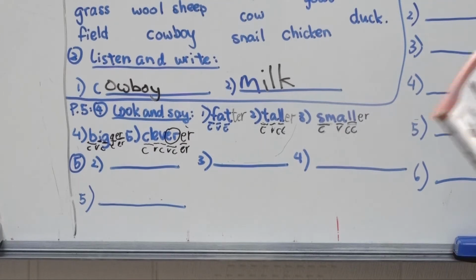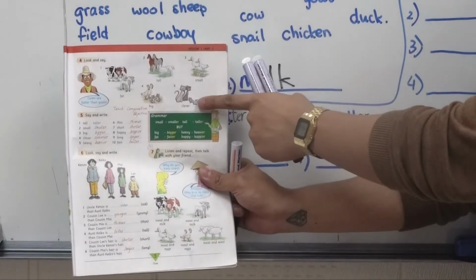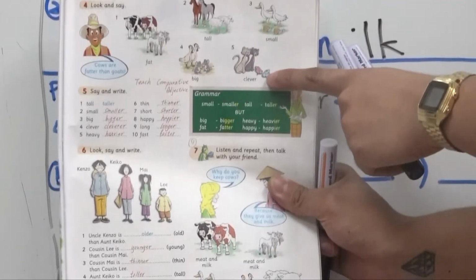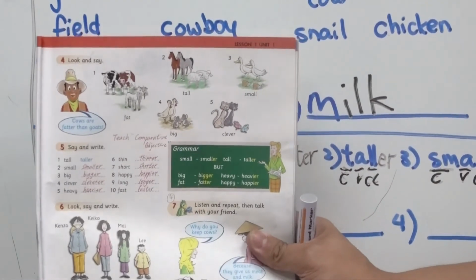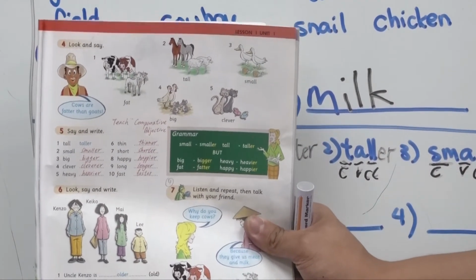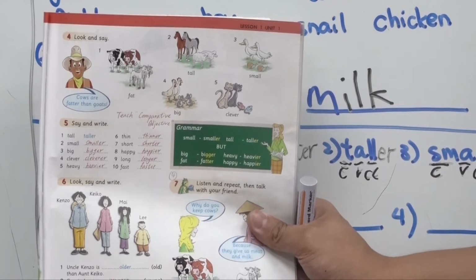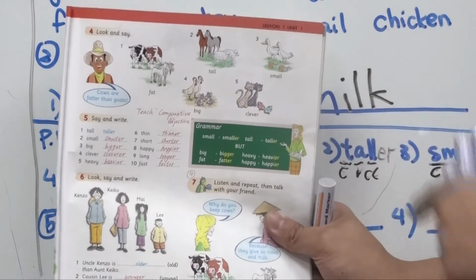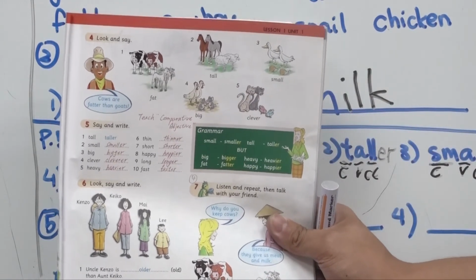Cleverer than. So let's look at the picture. We have birds, right? Blue and pink bird, and then 2 cats. Who do you think is more clever, the cats or the birds? The cats, right? So how do we say that in a sentence? The cats are clever. How do we write that?